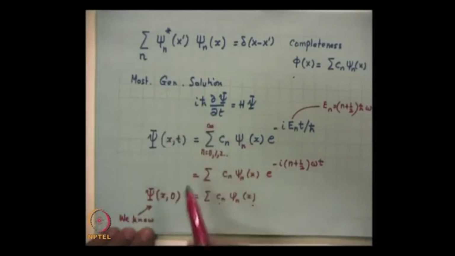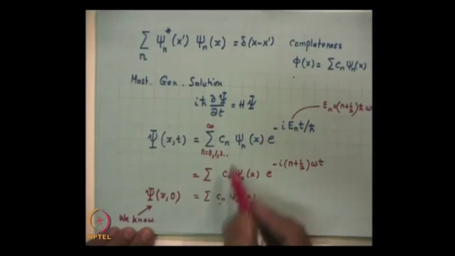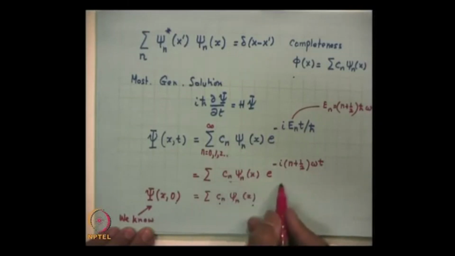So, I will now use the orthonormality condition to determine C n, and then I will substitute it in this equation and carry out the summation. In most cases, it is not possible to obtain an analytical form, but in some situations it is possible to sum it analytically and give a physical description of the system.